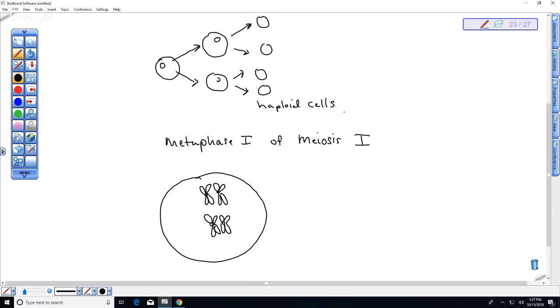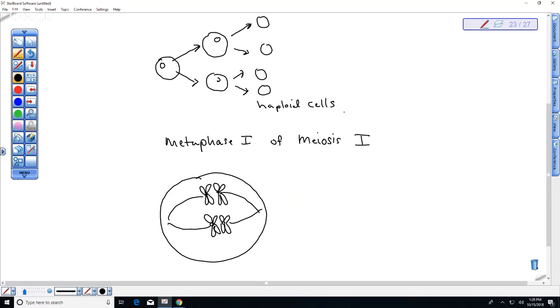So instead of the chromosomes being pulled apart at the sister chromatids, these chromosomes are going to be pulled apart, but they're not yet going to be unreplicated. I can put my spindle fiber here, pulling them to opposite ends. And you can see that after these get pulled apart, the genetic material is still duplicated.